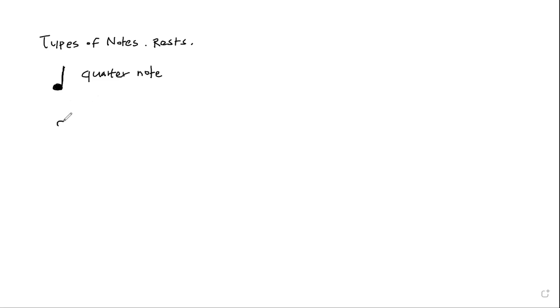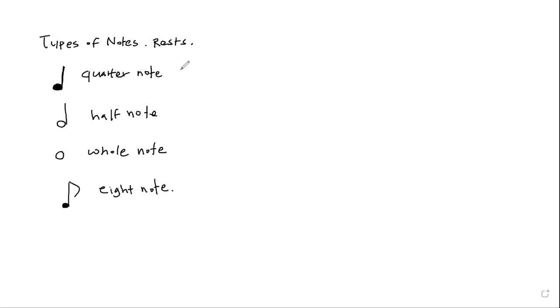And we have one white head, one stem. This is a half note. And we have just one big white head. We call this one a whole note. Okay. And then we have something that looks like a quarter note, but we have a flag. So this is an eighth note.